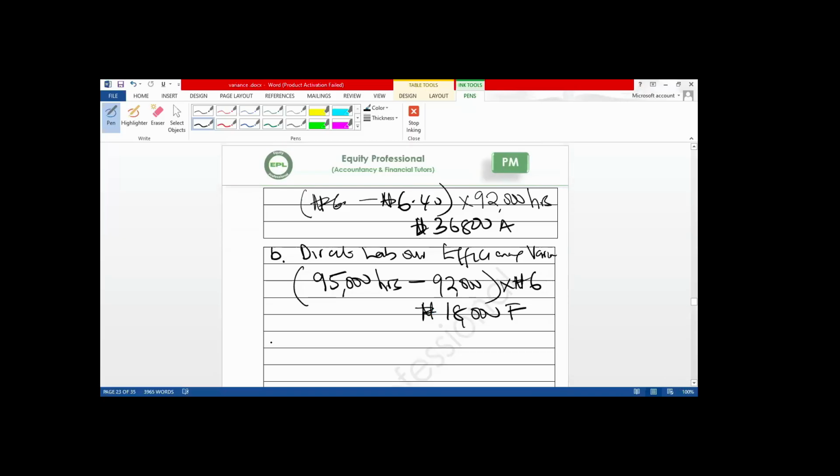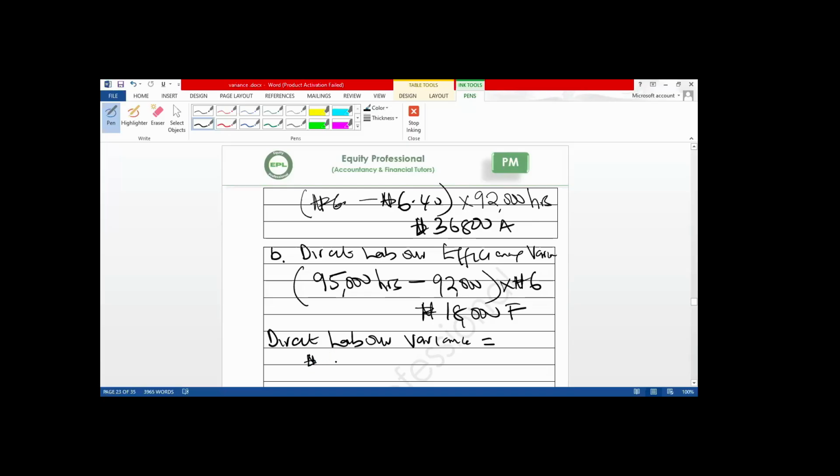Therefore, your direct labor variance is the addition of direct labor rate variance and direct labor efficiency variance.